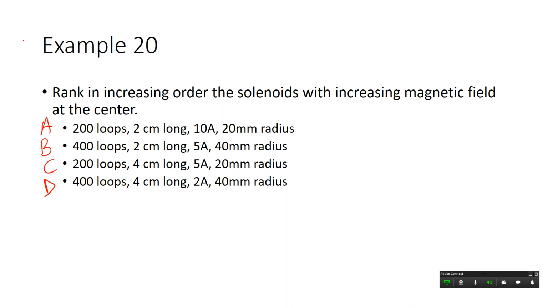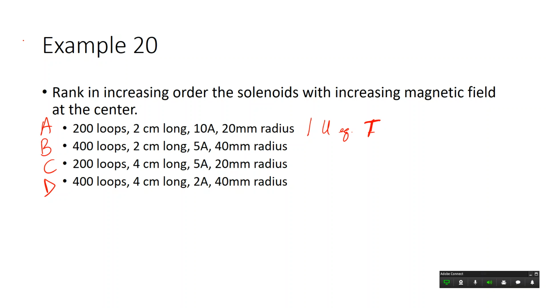Let's say A gave us 1 unit of magnetic field, so 1 unit equivalent of Teslas. How is B compared to A? Is it the same, the double, the half, or some other?